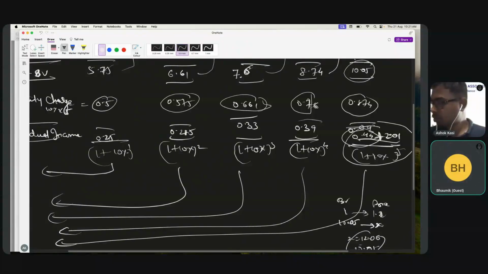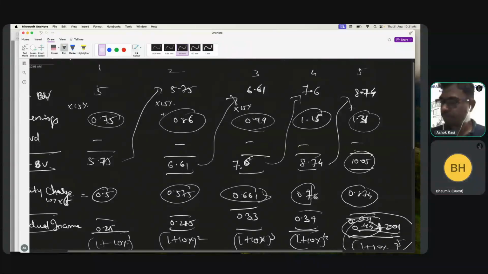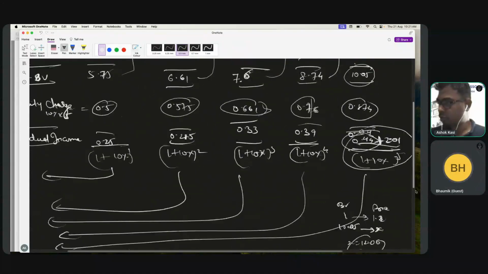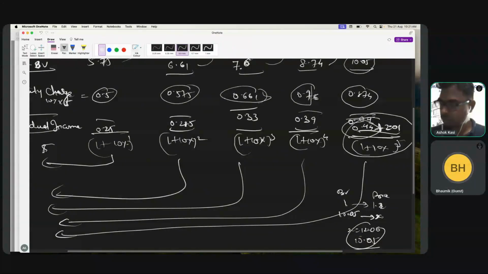But sir, what will be CF0? CF0 is the initial opening cash flow, 5. So that also you should add. This ending one is 0.44 plus 2.01.